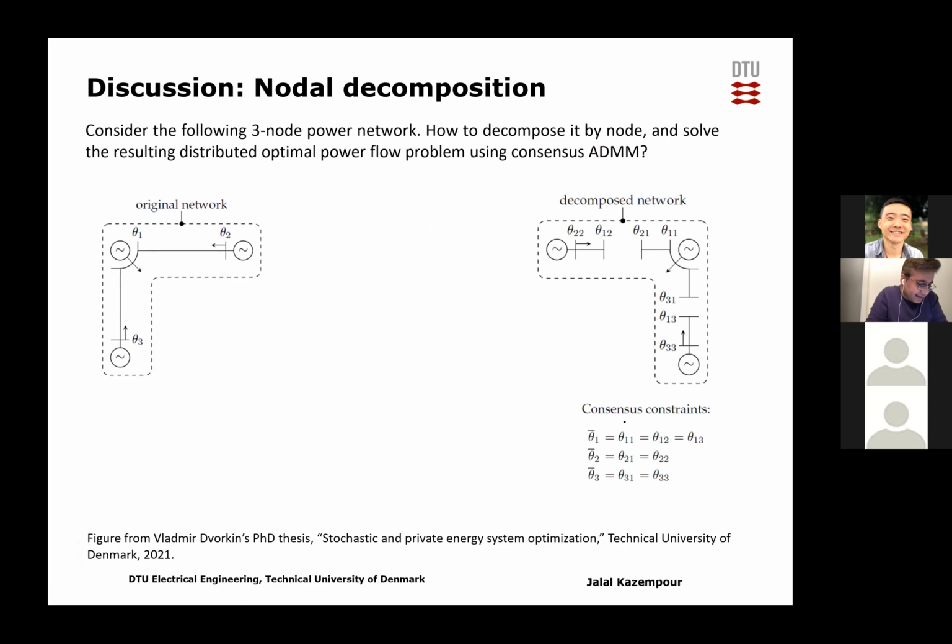So the answer is, we can consider this network as this decomposed network. We just need to generate some auxiliary variables. So maybe I can give you a minute that you can think what we did here, and one of you can unmute and explain what we are doing here.